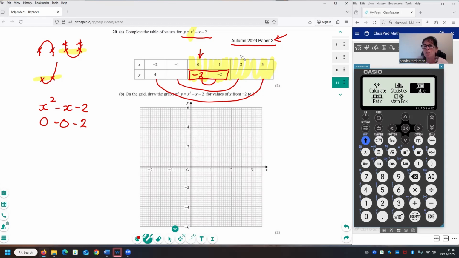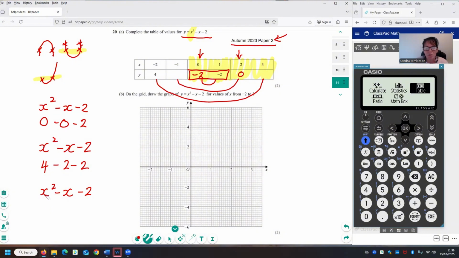So let's go back to the equation, and this time we're going to put in a 2 for the value of x. We've got x squared minus x minus 2. 2 squared is 4. Minus 2 minus 2 is going to give me an answer of 0. And now let's do it for x is 3. So we have x squared minus x minus 2.